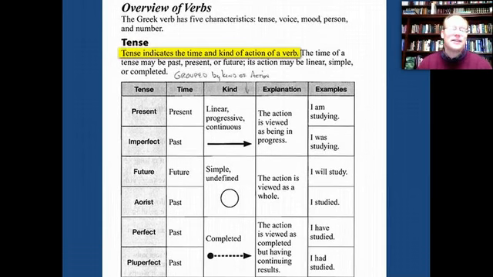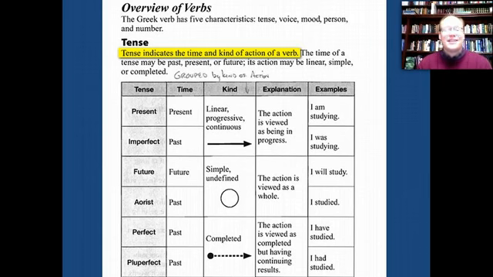Tense indicates the time and kind of action of a verb. This is really crucial. We're used to, in English, tense indicating only the time when an act happens. But Greek verbs indicate not only time, whether it's semeron, ekthés, or avrion, future, avrion, present, semeron, ekthés, past.